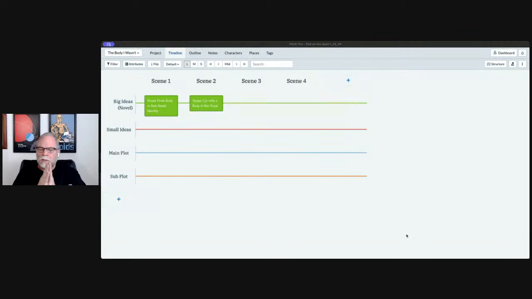So now we're going to start gathering some small ideas. What I mean by small ideas is things that could happen in this story. Anything that could happen in this story. Obviously, the first thing, because of the title, is that a drunk is going to find a body, right? Or maybe, let's combine this and change it.